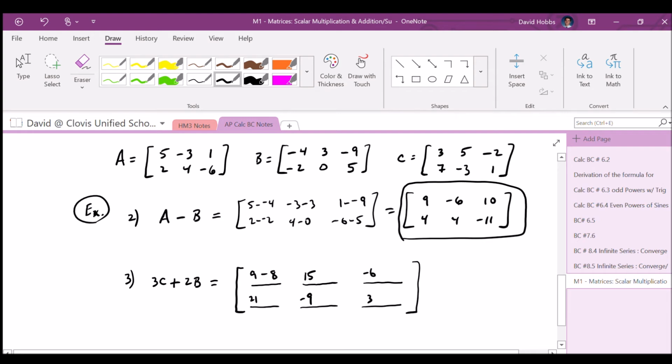And then we're adding 2 times B: 2 times 3, 2 times negative 9, which is negative 18, 2 times negative 2, 2 times 0, 2 times 5. Our resultant then is 1, 21, negative 24, 17, negative 9, and 13.